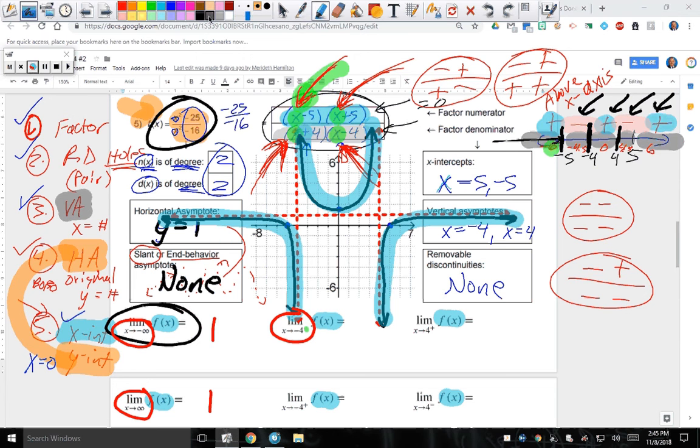So here's -4, and you're going to approach that from the left. If you jump on the graph, where is it going to take you? To -infinity. Okay? So -infinity will be the answer right there.